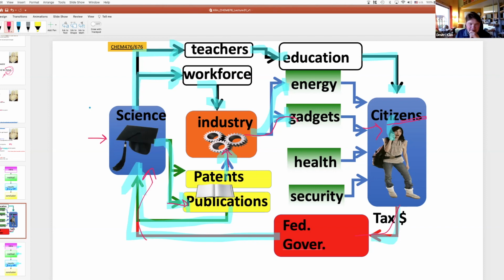The other way, the activity at research institutions trains future researchers, a workforce who later enter industry and also go through fabrication of this energy and tools and some other things like drugs and whatever regular citizens need, and then it goes the same way.